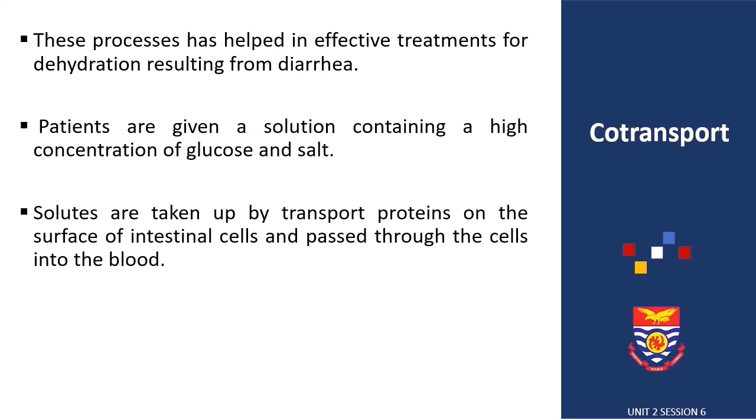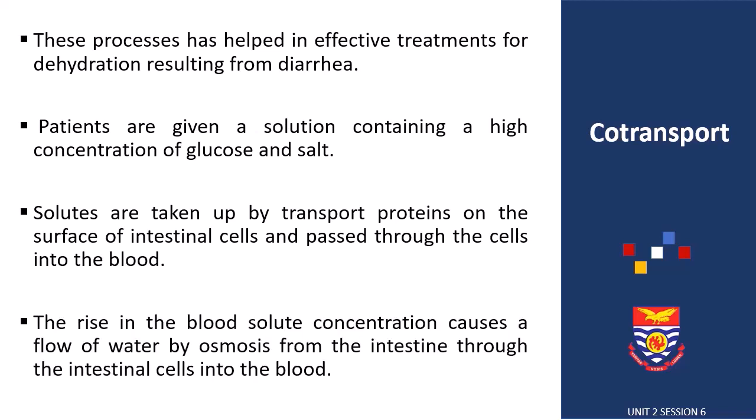The solutes are taken up by transport proteins on the surface of the intestinal cells and are passed through the cells into the blood. The rise in blood solute concentration results in the flow of water by osmosis from the intestine through the intestinal cells into the blood.